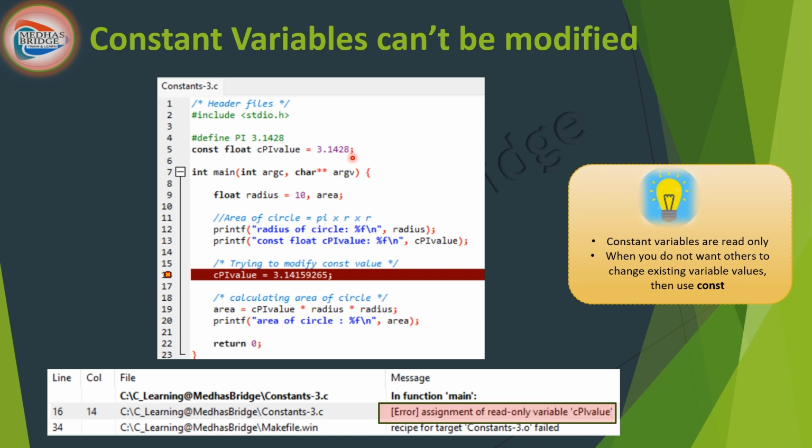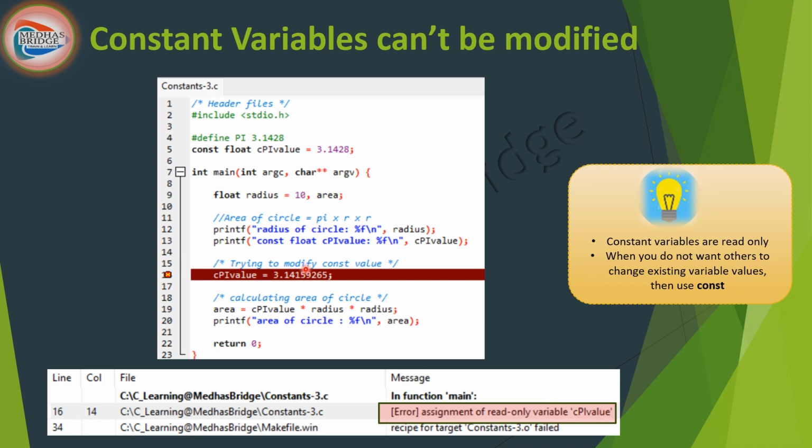Let's prove that these variables will not allow us to modify them. If I try to change the value of the constant variable at line number 16, you see the red mark, meaning the compiler is throwing an error. I compiled this code, and at line number 16 I see the message: assignment of read-only variable is not allowed.